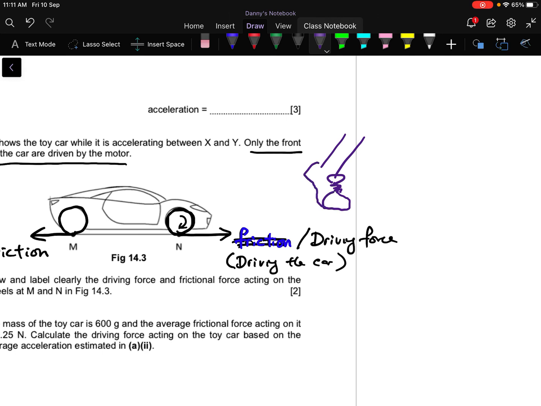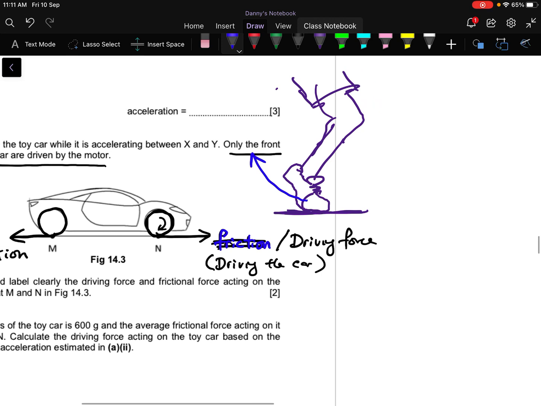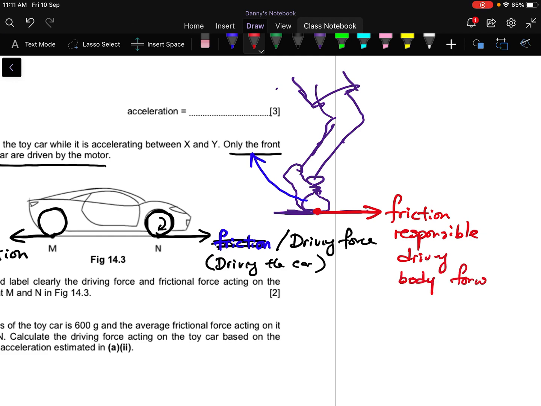Similarly, if you are walking or running, okay, let me draw the feet. Okay, if you are running, your leg is, you are trying to swing your leg this way, right? So when you are running, yes, the friction is forward, and this friction is also responsible for driving your body forward.